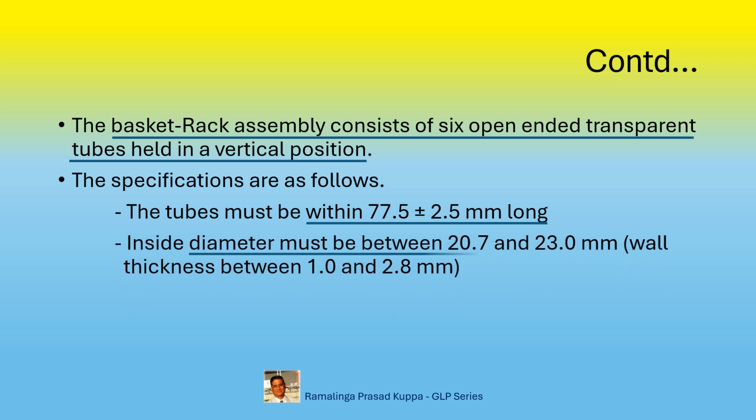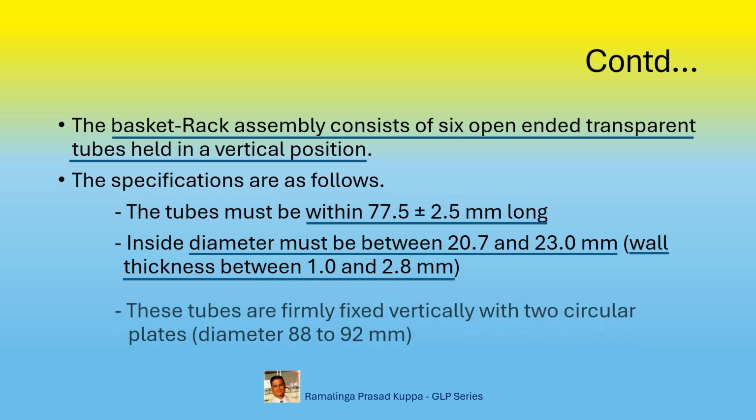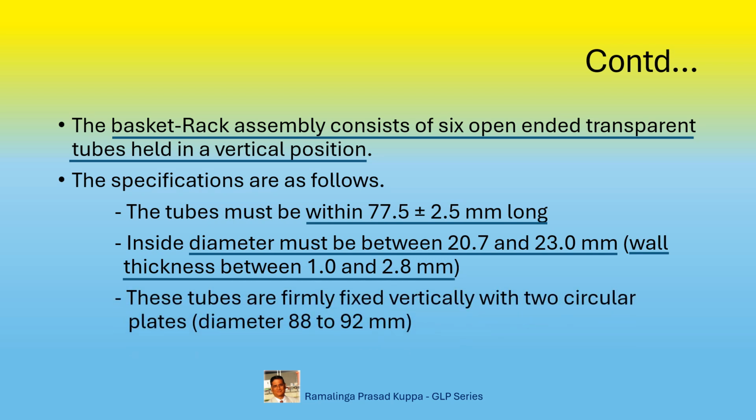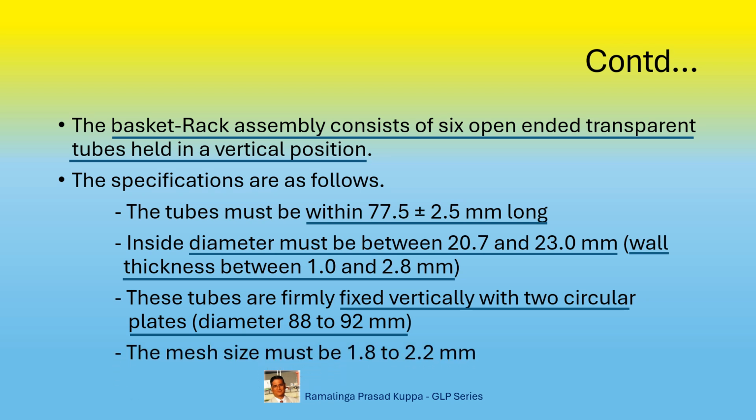Inside diameter must be between 20.7 and 23.0 mm. Wall thickness should be between 1.0 and 2.8 mm. These tubes are firmly fixed vertically with two circular plates with a diameter between 88 and 92 mm. The mesh size must be 1.8 to 2.2 mm.